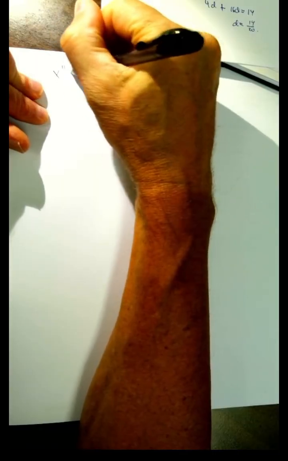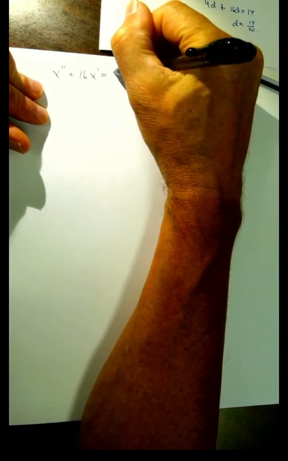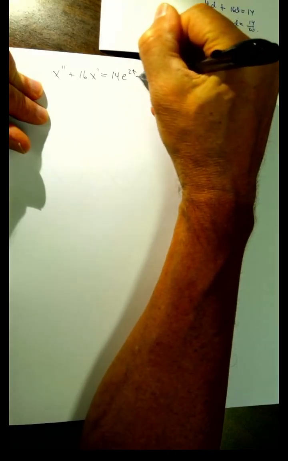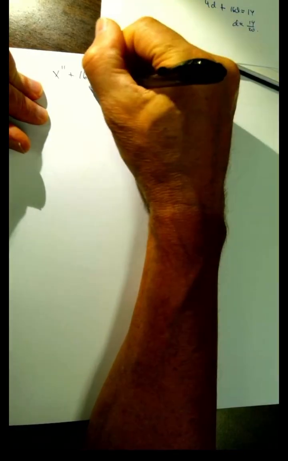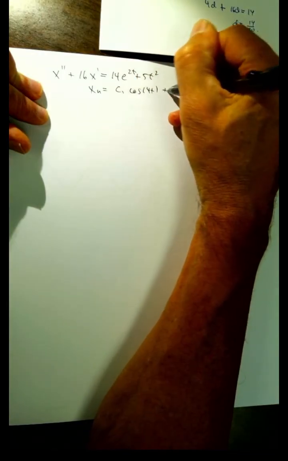So now, what do we have? We have our particular solution to find. So our original equation looked like this, and our homogeneous solution is c1 cosine of 4t plus c2 sine of 4t.